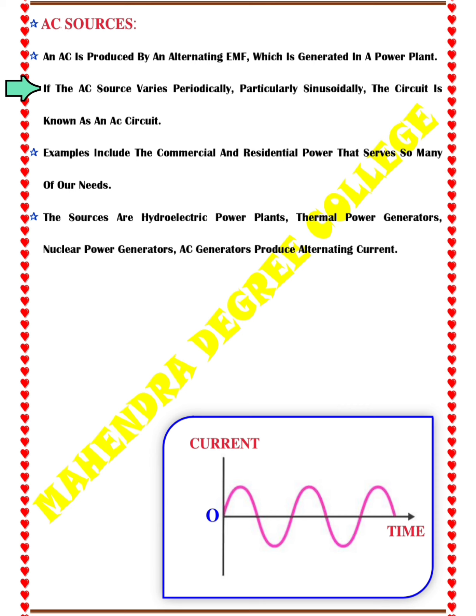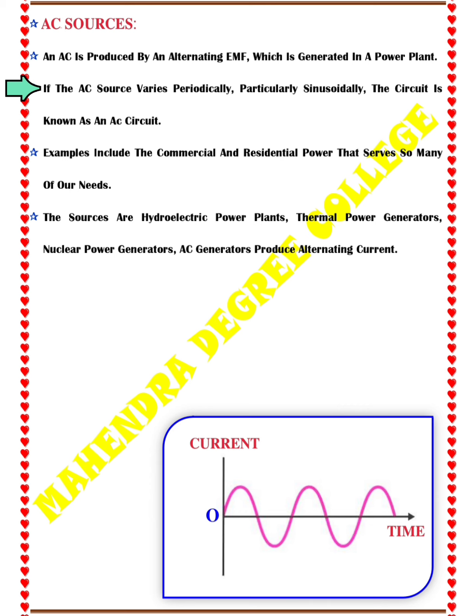In most cases, the AC waveform is sinusoidal, means sine wave shaped. Sinusoidal AC is common because it is efficient for transmission and generation. The circuit is called an AC circuit.